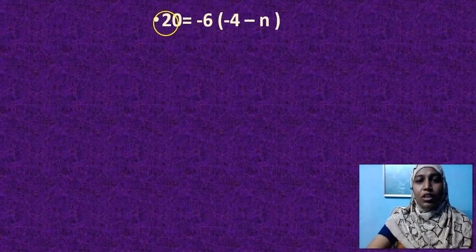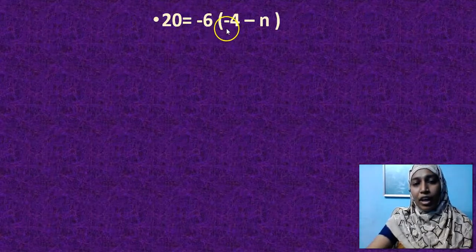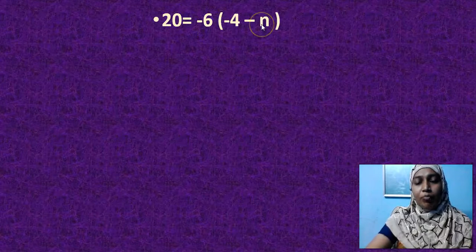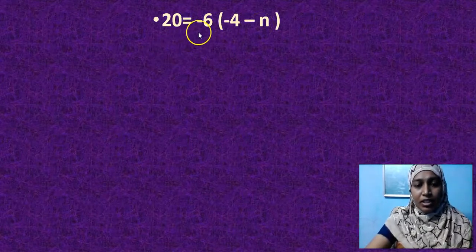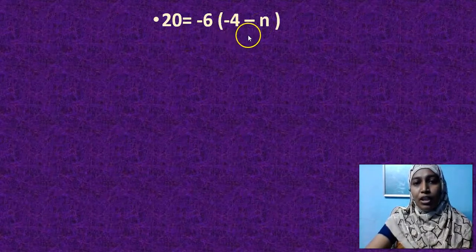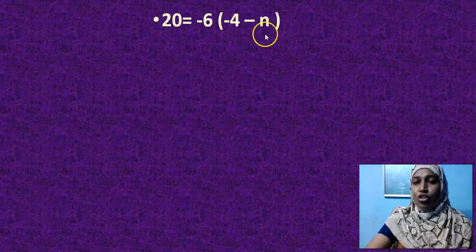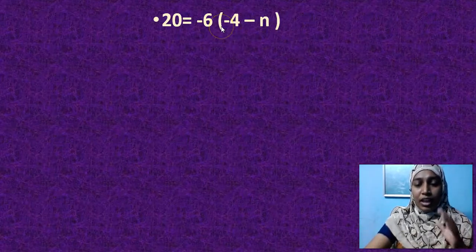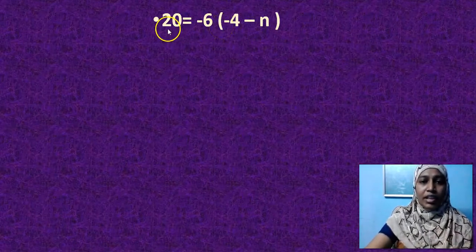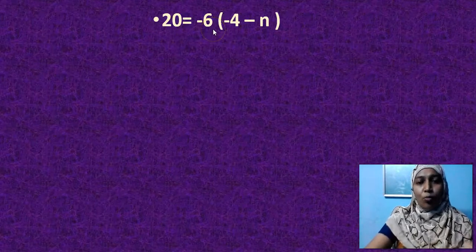How to solve this? Usually we have the habit of having the variable on the left hand side, but in this question we have the variable on the right hand side. So I am going to interchange the position of the contents of the left hand side and right hand side to their opposite sides.